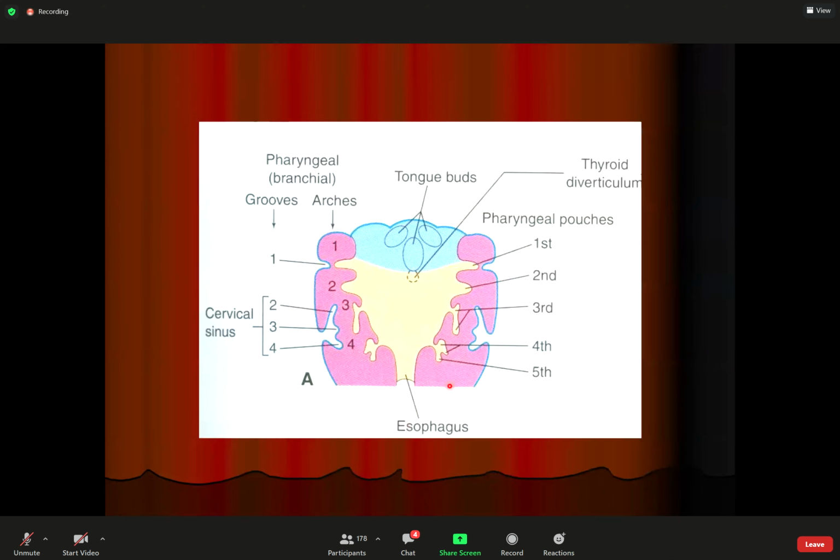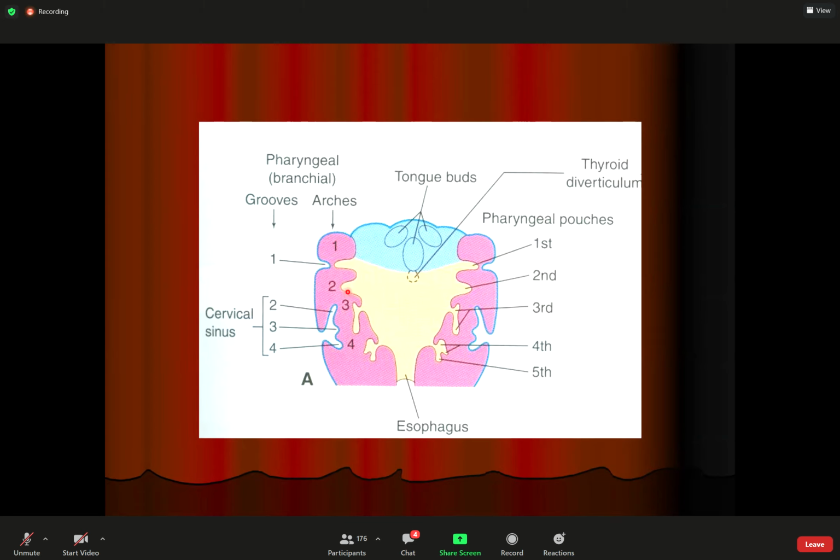It's very easy. So from this, you understand what an arch is, what it looks like, what a groove is, what a sinus is, this is the neck area, and what a pouch is. This is pouch number 1, pouch number 2, pouch number 3, and some structures come from the pouches, which I'll reveal in a second.